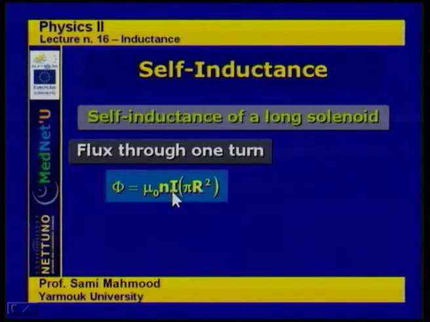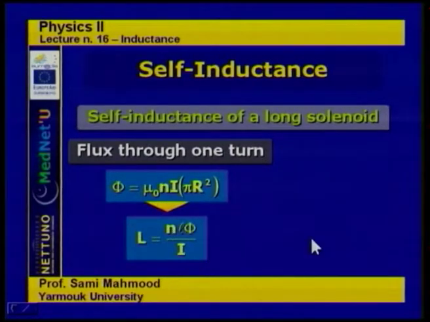We assume that it's uniform inside the solenoid. This is true for an ideal solenoid, times the area of one loop of the solenoid. That's equal to the flux through one turn.